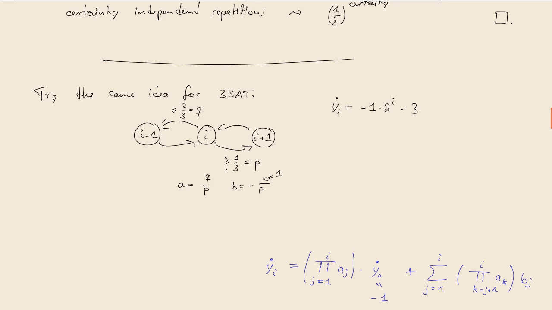For the analysis, as last time, just to remind you, we dropped the greater equal and lesser equal. We just took as a lower bound the Markov chain where these are exactly 1/3 and 2/3, or 1/2 and 1/2 last time. So that's the B, and then we have the sum j=1 up to I, and that's 2 to the I minus j.